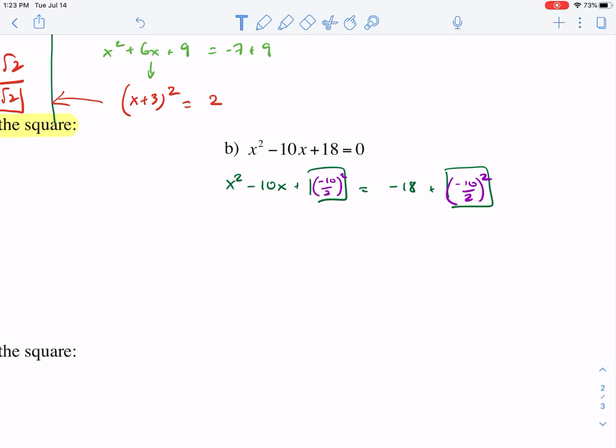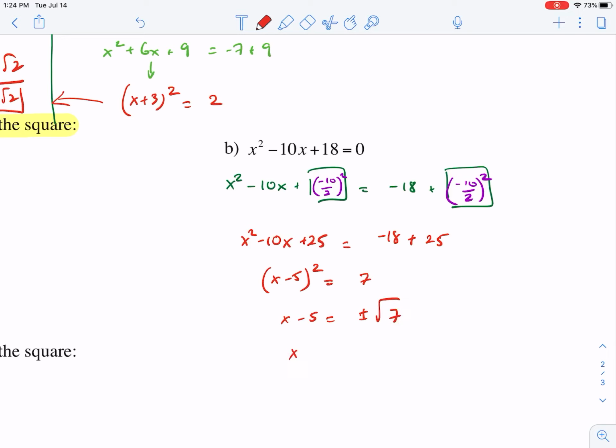On the left-hand side, we get x squared minus 10x plus negative 5 squared, which is 25. On the right-hand side, negative 18 plus 25. The left-hand side is a perfect square, and the right-hand side is 7. So x minus 5 equals plus or minus root 7. Therefore, x equals 5 plus or minus root 7. So this is using completing the square.